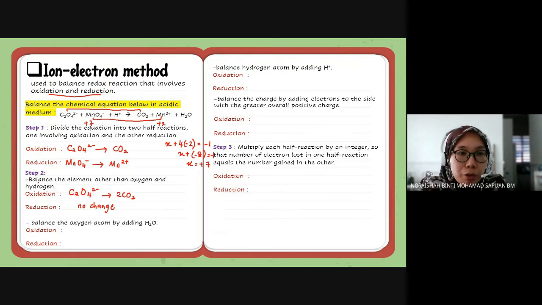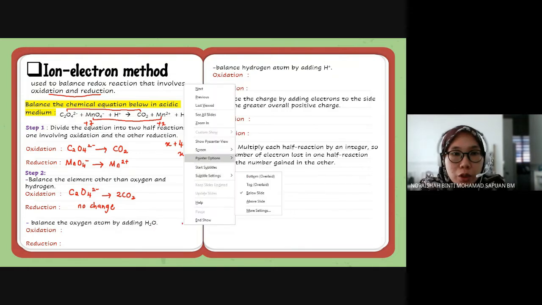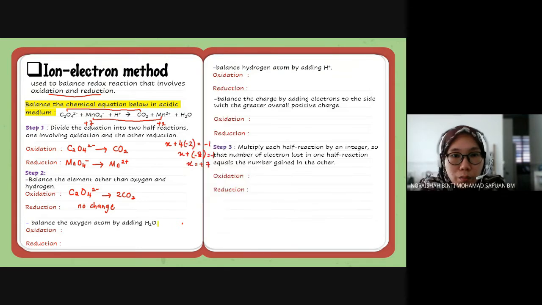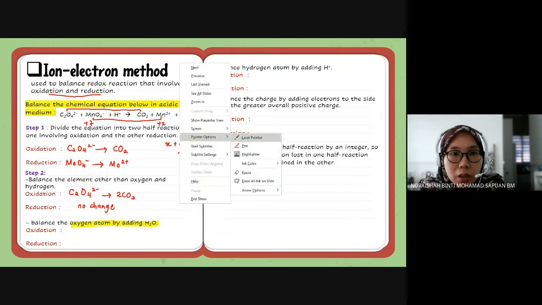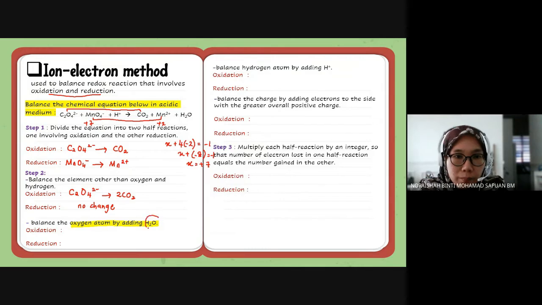So dalam step kedua ada next step dia adalah balance the oxygen atom by adding water. Bila you nak top up oxygen, you kena tambah water. So oxidation kat sini, oxygen sebelah kiri ada 4, sebelah kanan pun ada 4.